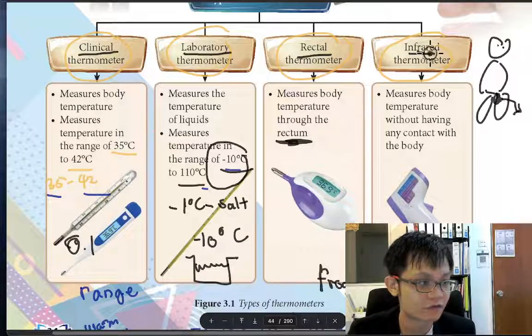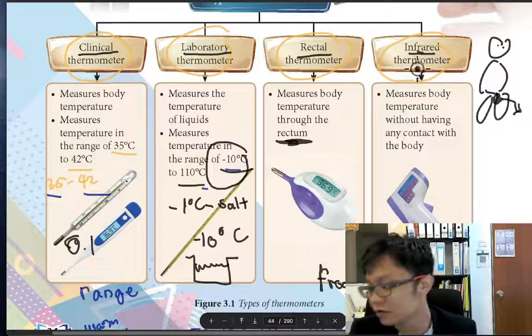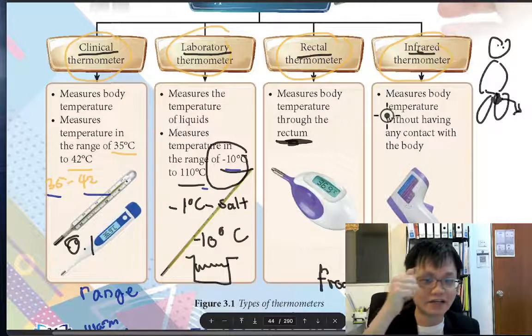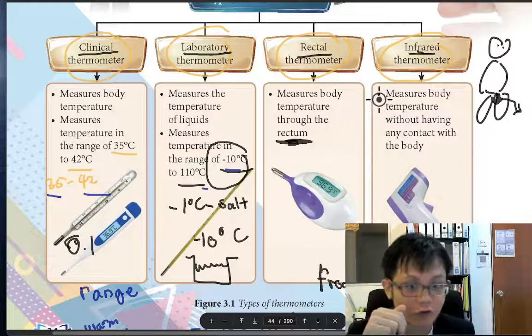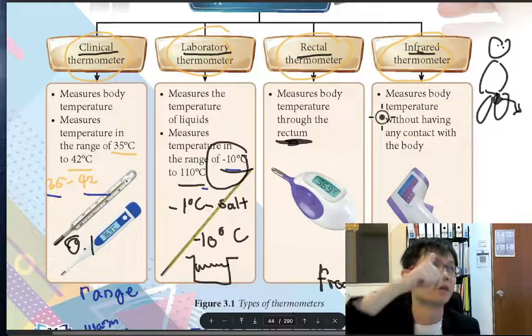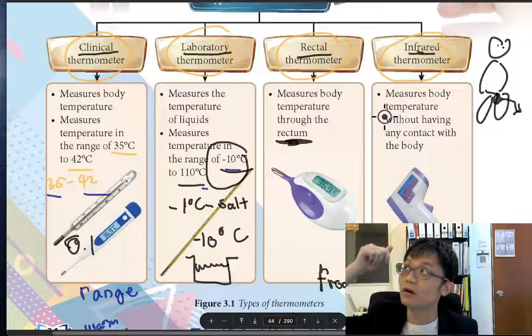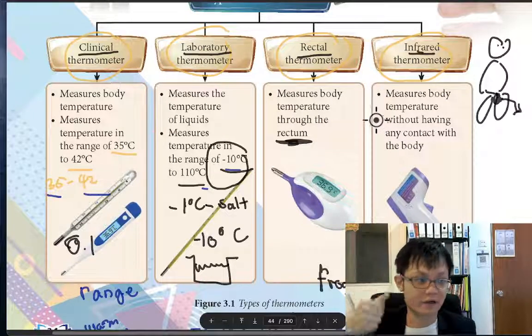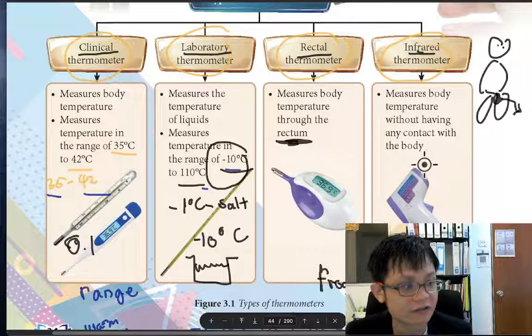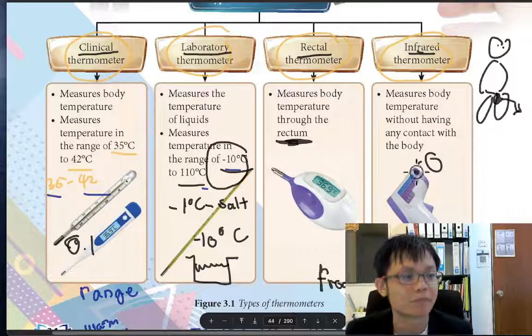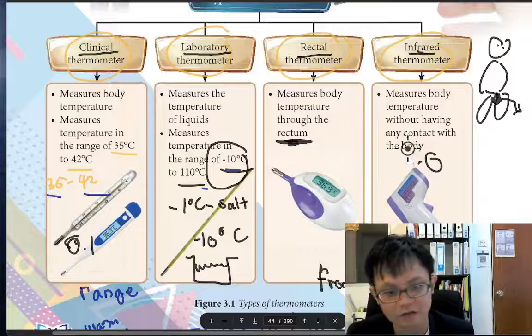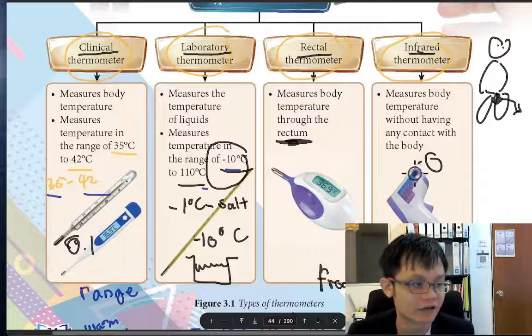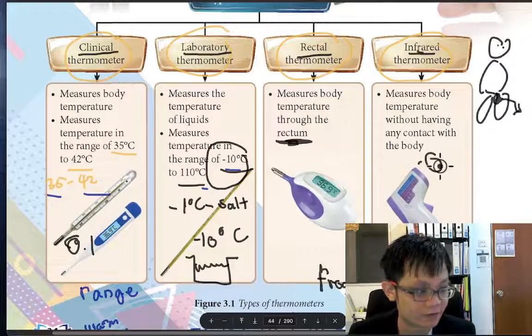Infrared, from the word infrared. Infrared is the one that you use to control your remote, your TV remote, your aircon remote. Also this one you can see there's a red light. Oh, got fever. Got no fever. Okay, so this is called infrared.